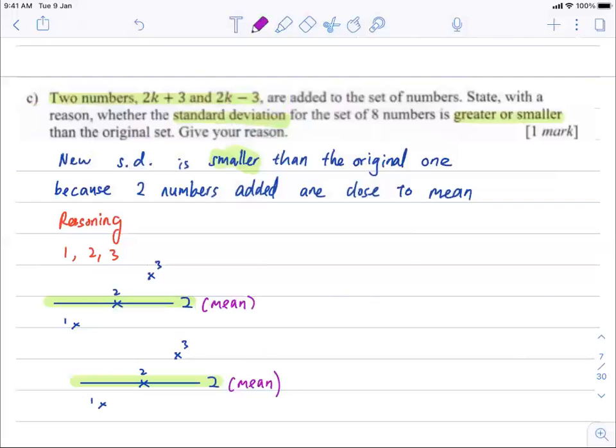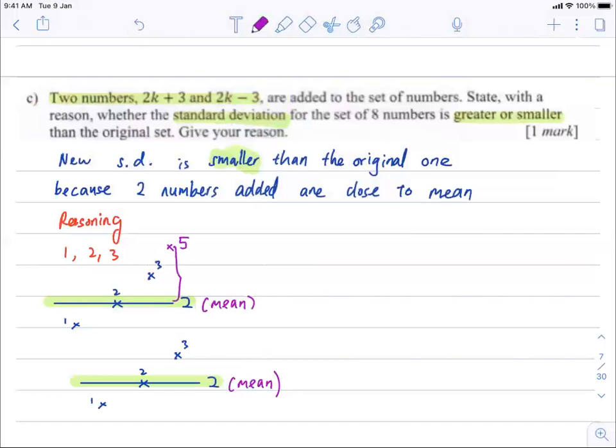If we add a very large number, maybe we add 5, notice that the 5 will be very far away from the mean.